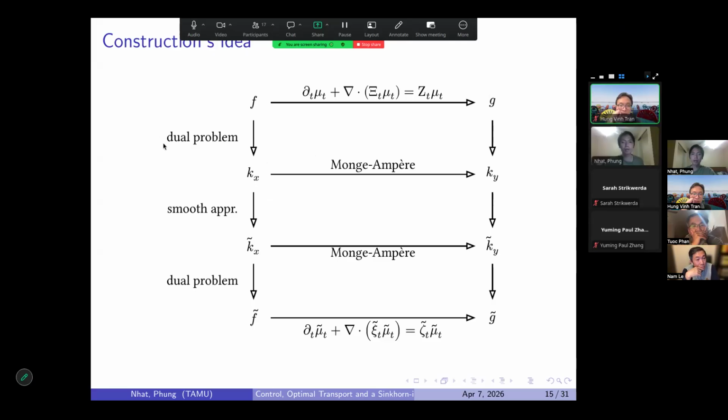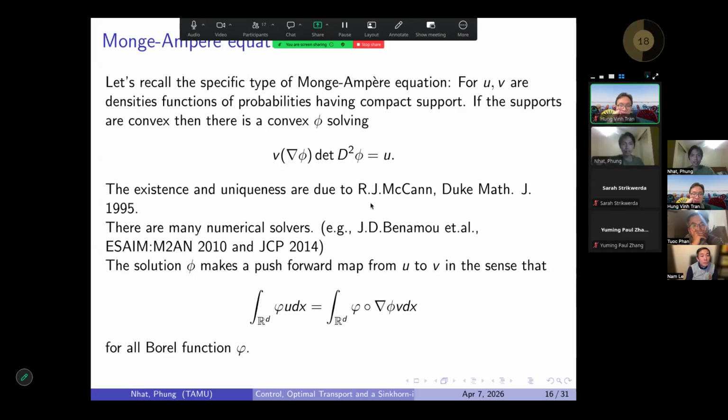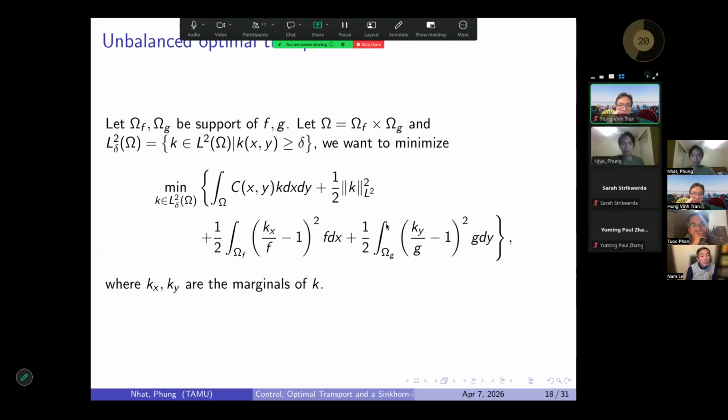So what we do is we form an optimal transport problem, and then we form a dual problem to that optimal transport. Because we have optimal transport and a dual problem, it will form an identity for us between K and F. So the first thing is the optimal transport.